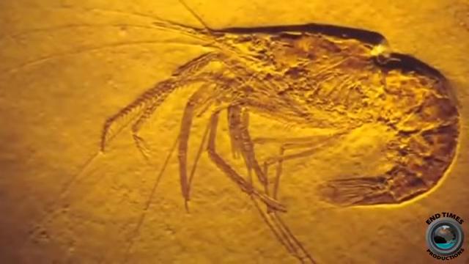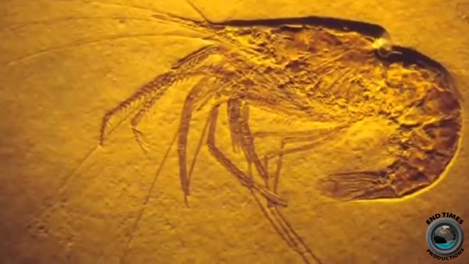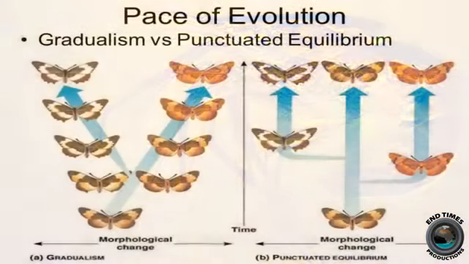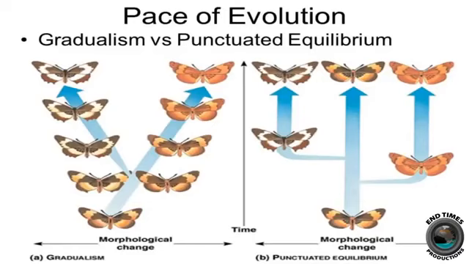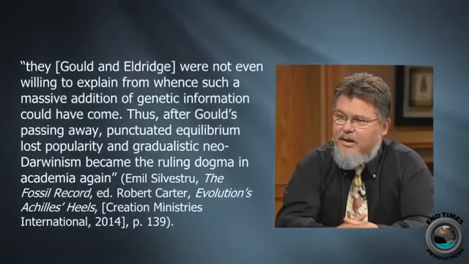Indeed, Gould admitted there are serious problems with the fossil record, yet he went on to claim that his punctuated equilibrium idea that evolution occurred through sudden big jumps could solve this problem. However, his proposed solution turned out to be erroneous as well. As Emil Silvestro notes, quote, "They, Gould and Eldredge, were not even willing to explain from whence such a massive addition of genetic information could have come."